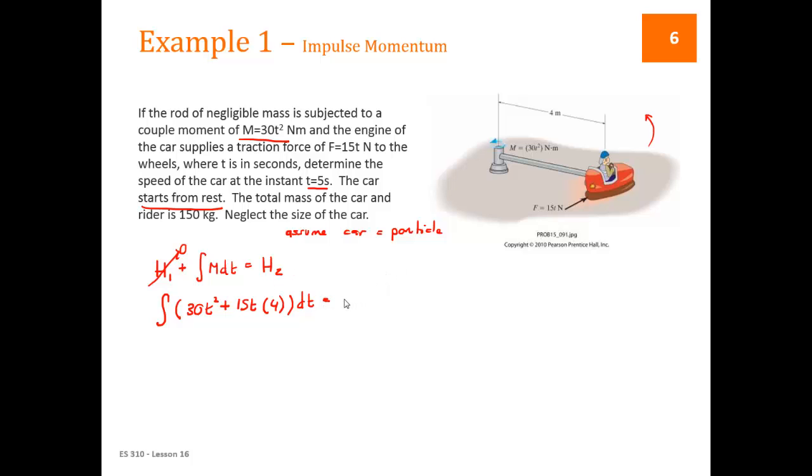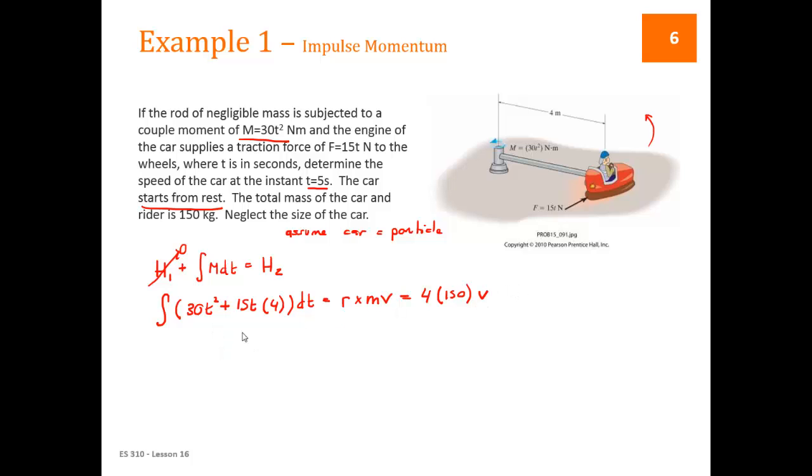So the final momentum is r crossed with mv, angular momentum. Well, r is 4, and r is already perpendicular to v, so it's very easy to find the cross product, times the mass, which is 150, times the velocity, which is what we're trying to find.